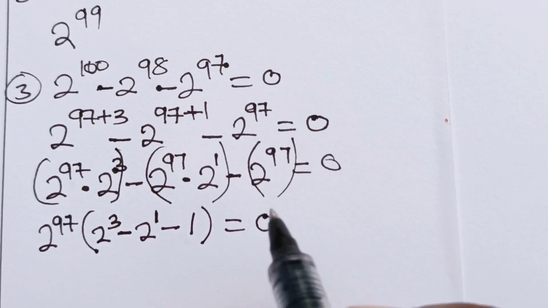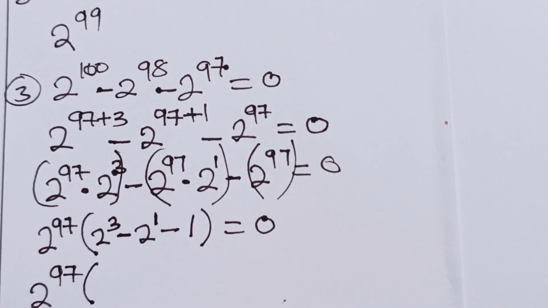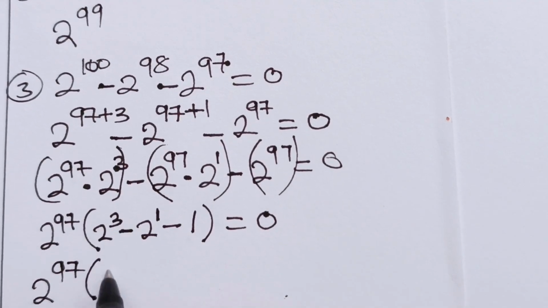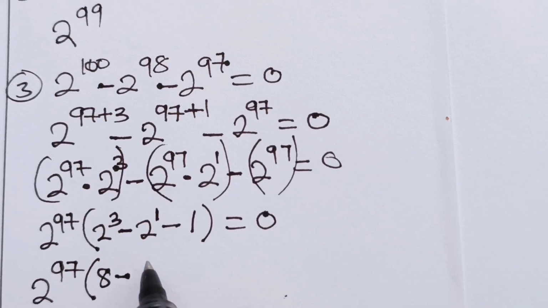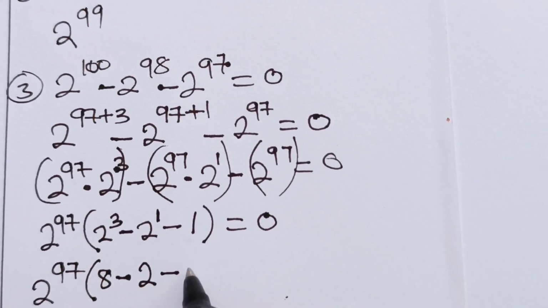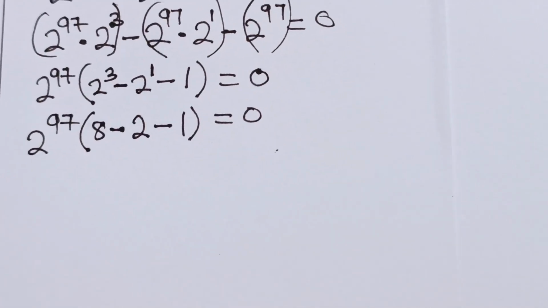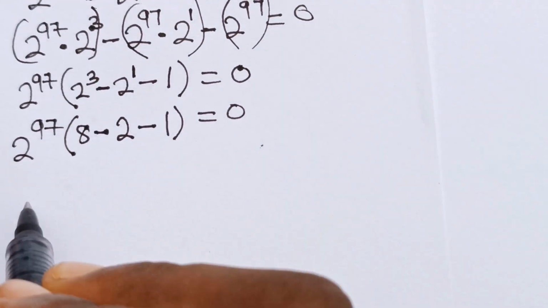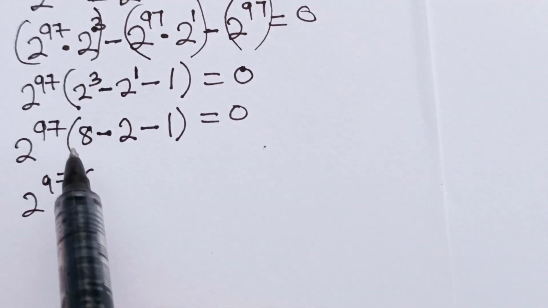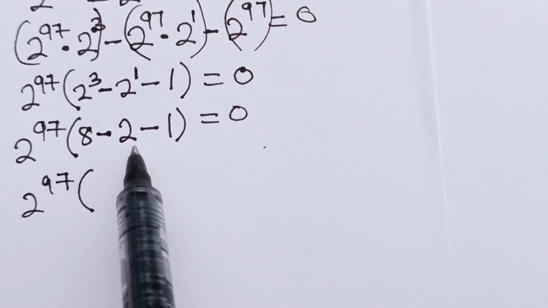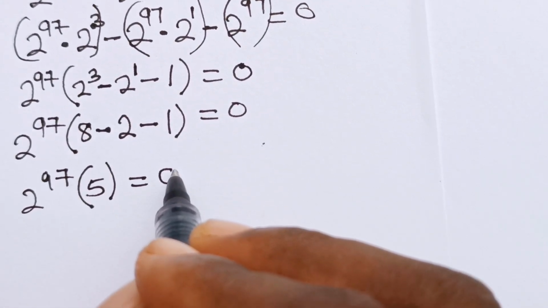So we have 2 to the power of 97 brackets: 2 to the power of 3 is 8, minus 2 to the power of 1 is 2, minus 1. 8 minus 2 will give us 6, and 6 minus 1 will give us 5.